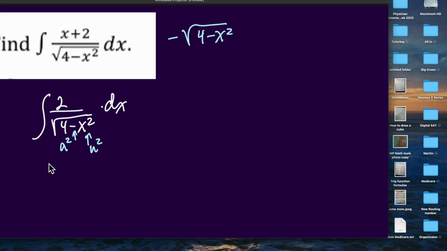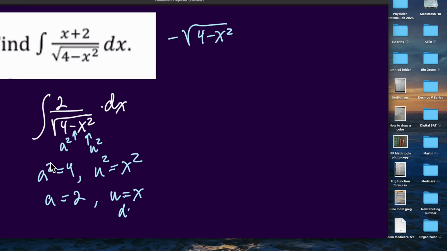Okay, so we're going to let a squared equal 4, a is going to equal 2, our x, I'm sorry, this should be u, sorry. Our u is then going to equal x.